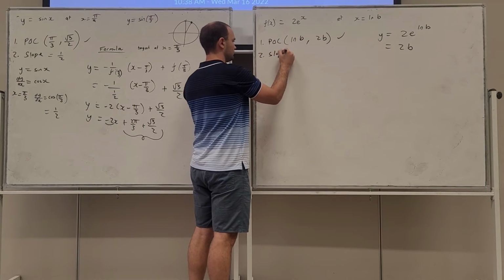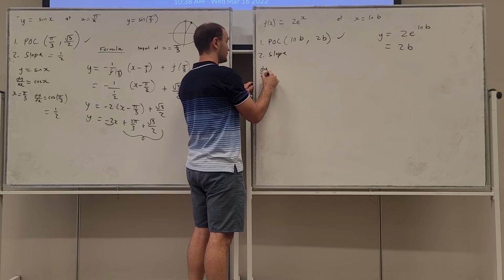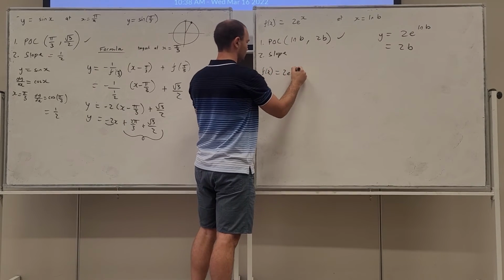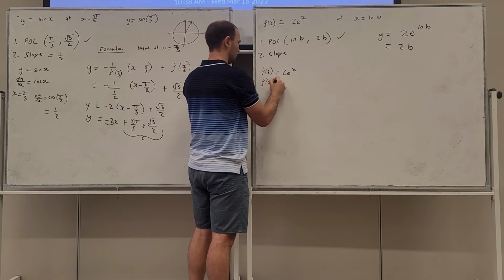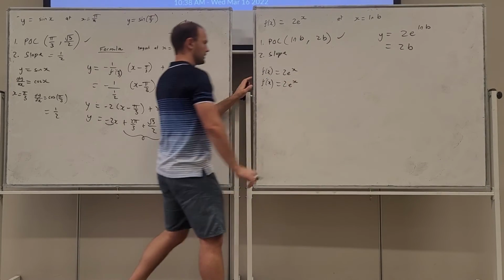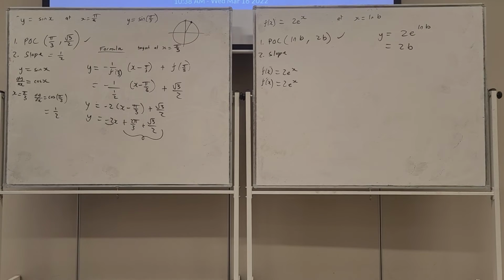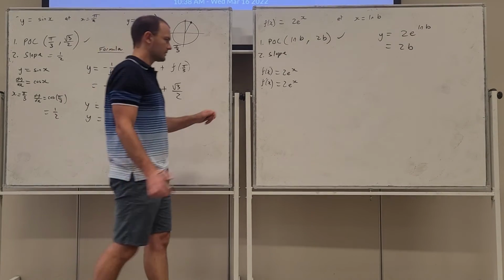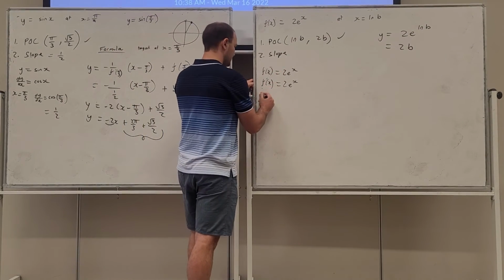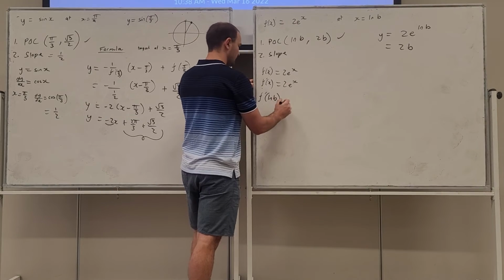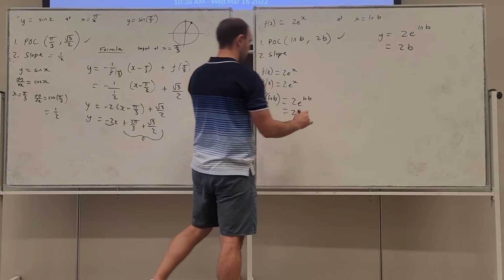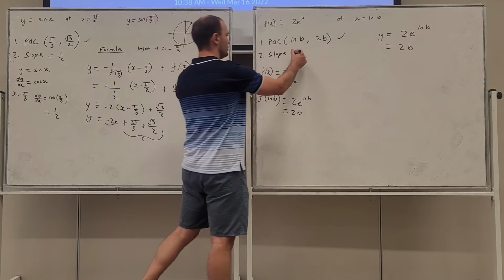Next we need the slope. Consistent with our terminology, the derivative of e to the x is just e to the x. The derivative function is no different, which means our slope when x is ln(b), so f dash of ln(b), is also 2b.